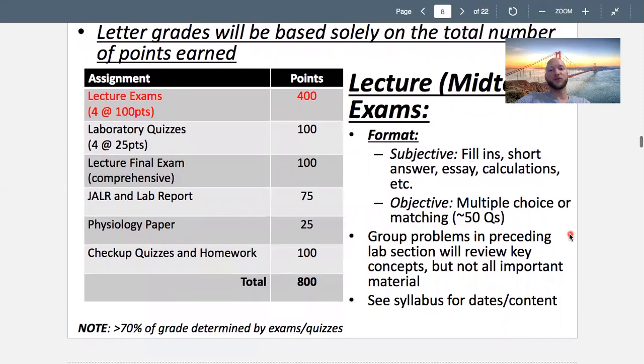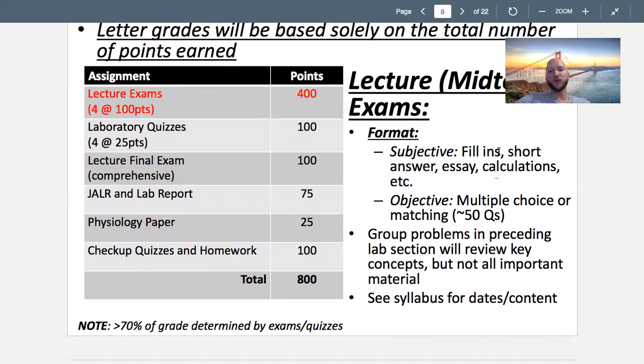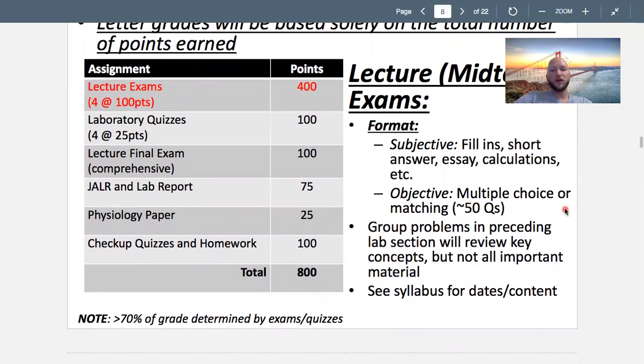Exams are going to have some short answer, fill in the blanks, some calculations, and they're also going to have some multiple choice. Most of the points are going to come from multiple choice. There will be some type out the answer, short answer type of points given out. We will do a specific review activity called the group problems preceding every exam.